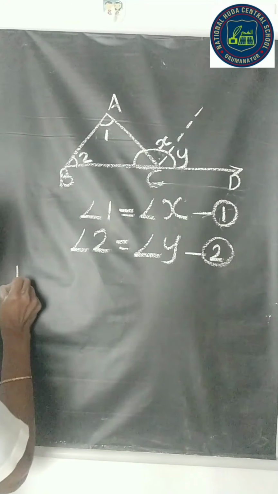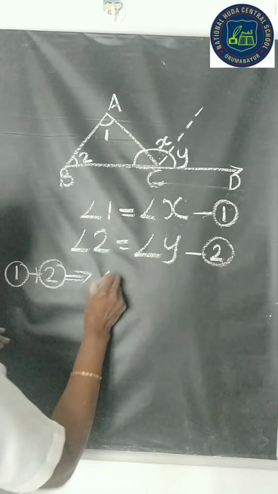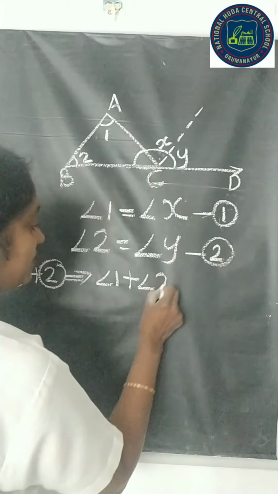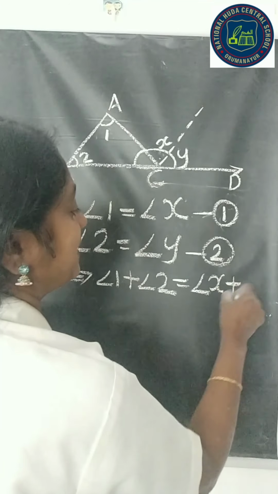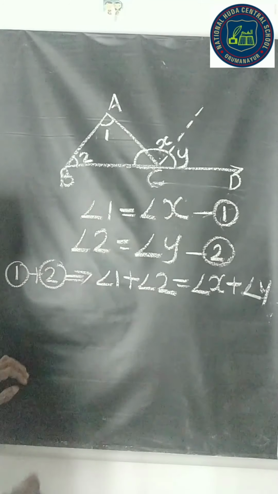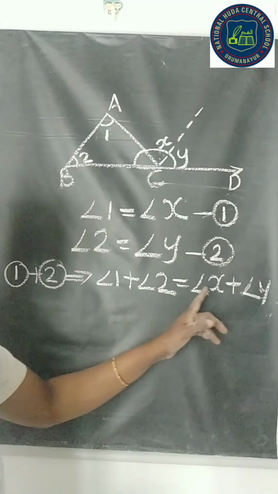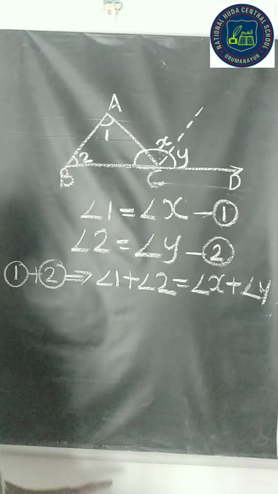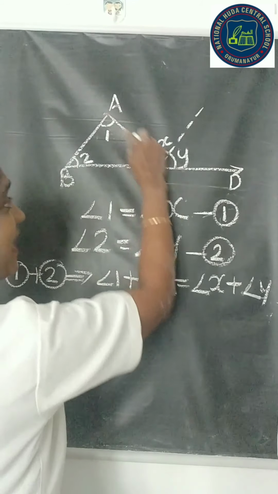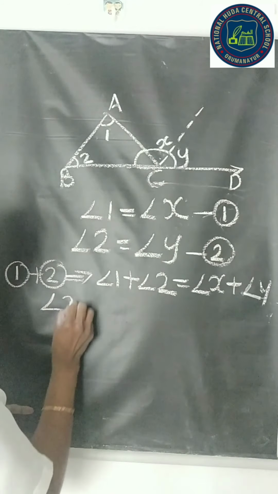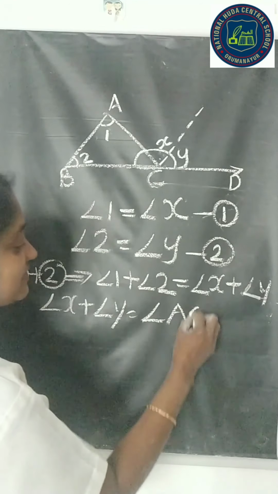Then we are going to add these 2 equations. When you add these 2, we will get angle 1 plus angle 2. This is the LHS part and the RHS will be equal to angle X plus angle Y. Now, we know that angle X plus angle Y is equal to angle ACD.